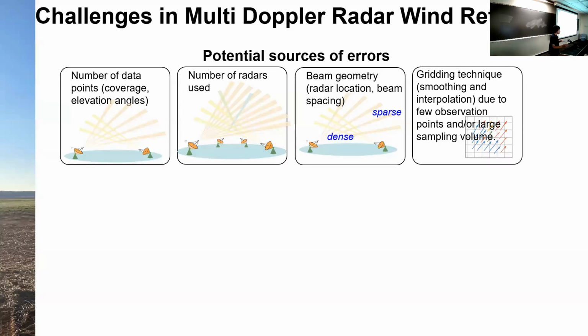Gridding techniques are important. Gridding means that radar observations have a radar coordinate, meaning elevation angle, azimuth, and range. But to retrieve the UVW, we want to convert the radar coordinate into a 3D Cartesian coordinate. This also has several techniques, which could be a source of uncertainty.